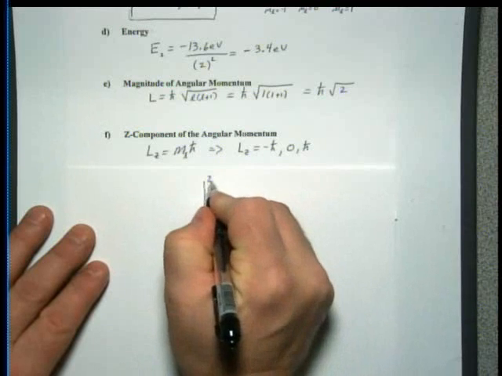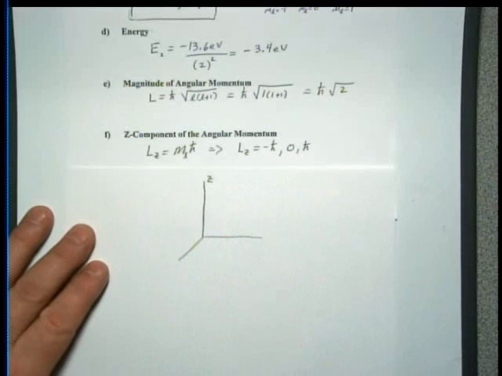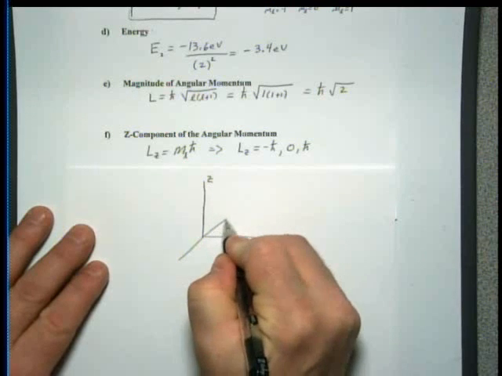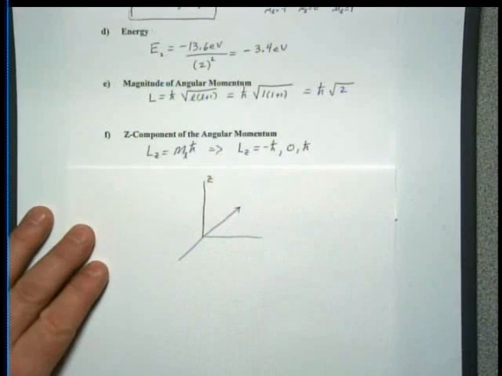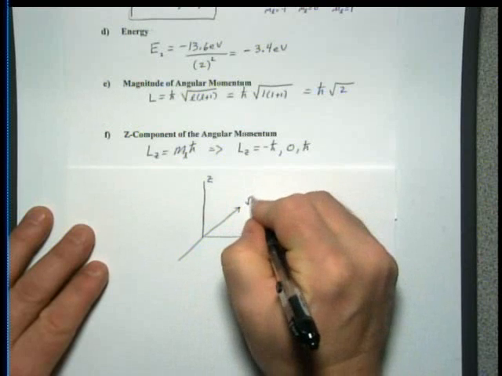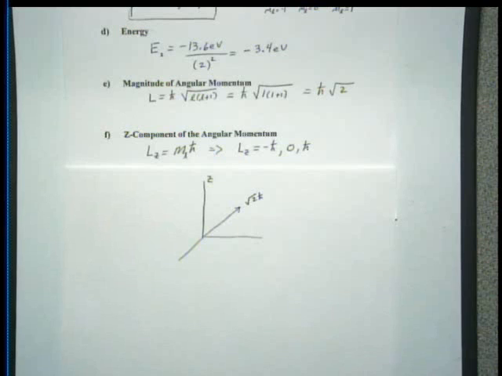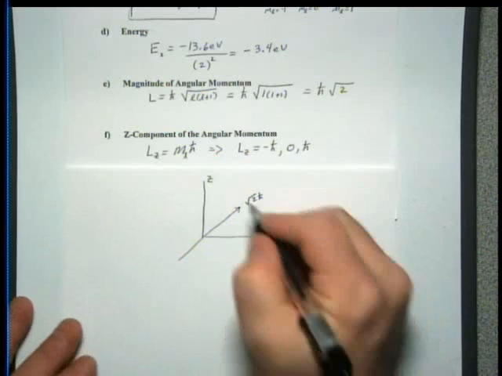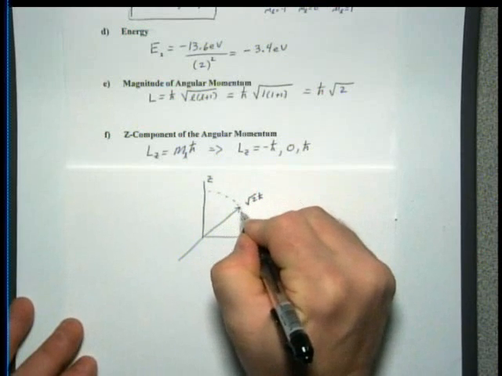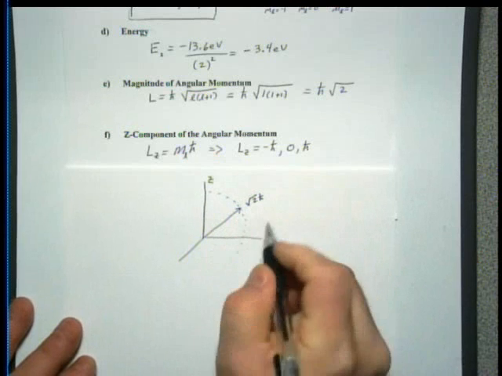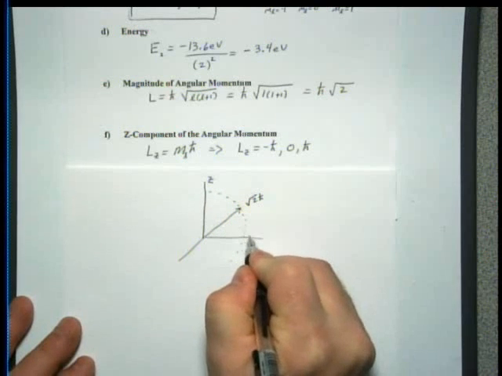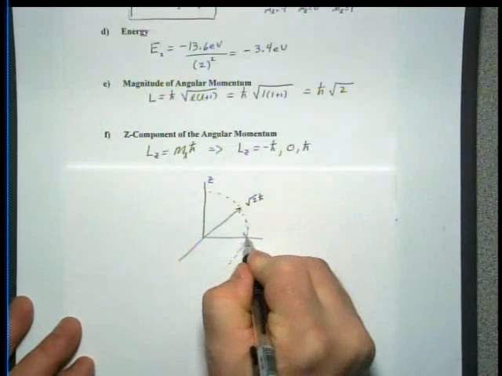And this is the z-axis. And they'll come out here and they'll say, okay, well, you have this, that's L, and that's the square root of 2 h bar. That's how long it is. And if you were to draw that kind of like a sphere, and if it was down here, I didn't get my sphere right, it'd be like that.